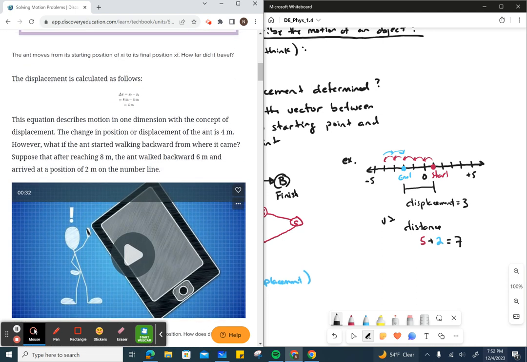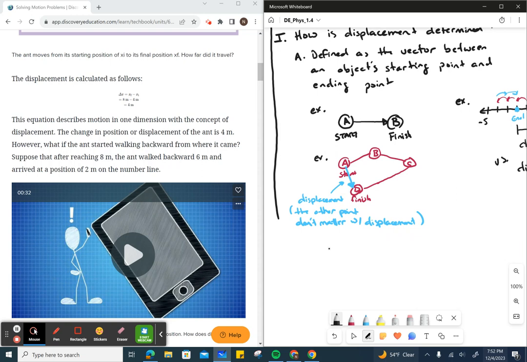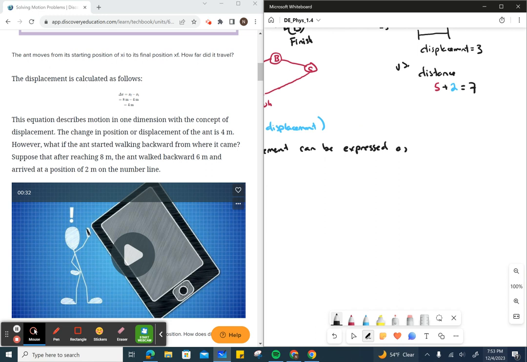So they use a formula. Let's just put it this way: displacement can be expressed as a change in x, delta x, is equal to your x final, your final position traveled, minus your initial distance traveled.